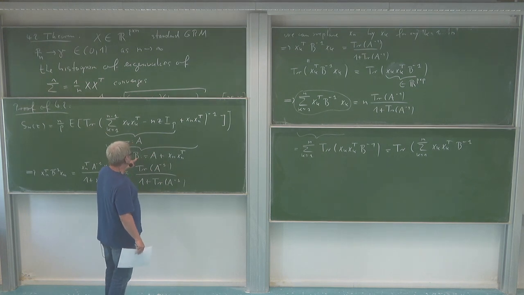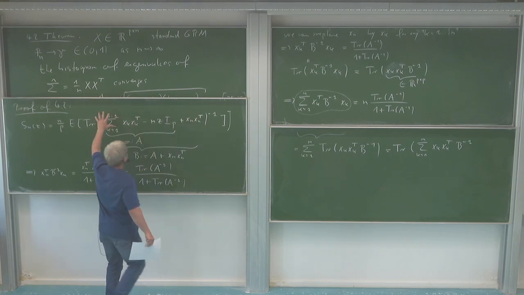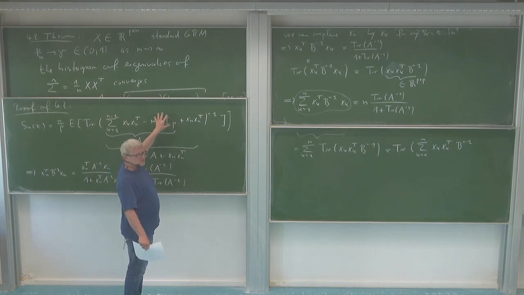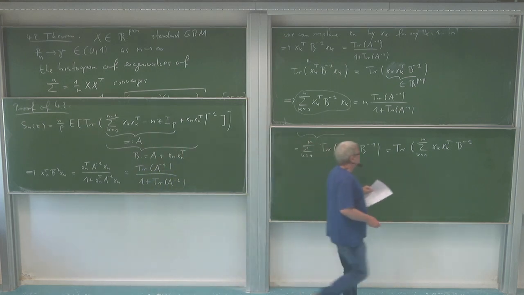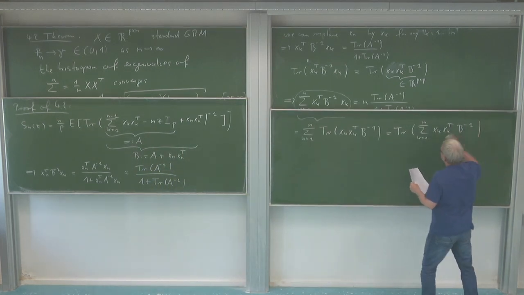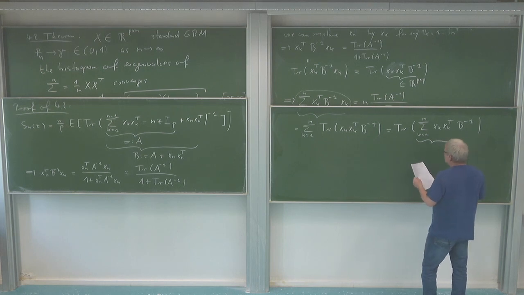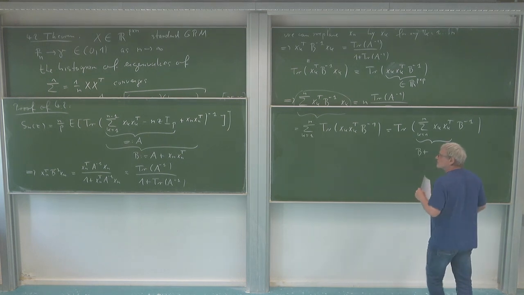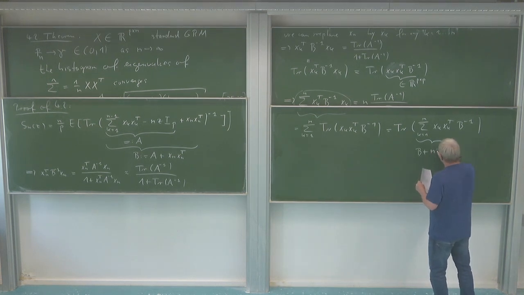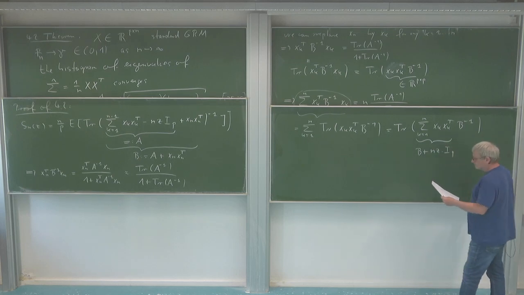So b is the sum over all xk transpose, over all of them, and then with the change of this. So the sum over all the xk's is just b plus this term here. So this sum here is just b plus this multiple of the identity, n times z times the identity.